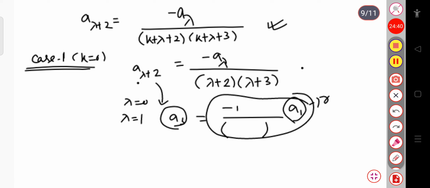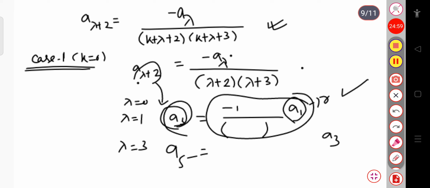And similarly, when lambda is 3, you will get A5 on the left side. So again, since A1 is 0, also A3 is 0, and similarly A5 is 0, and so on. That is, every odd power will go to 0.